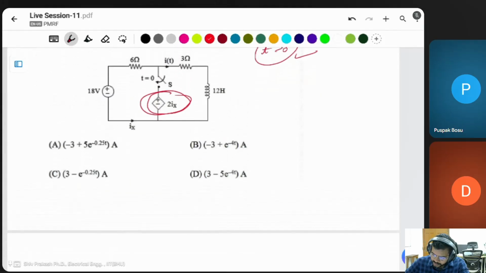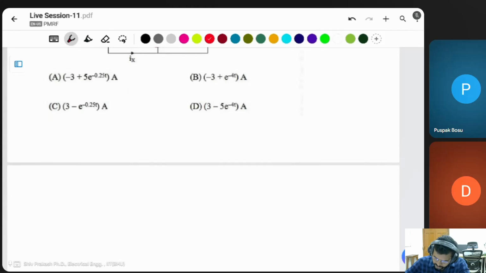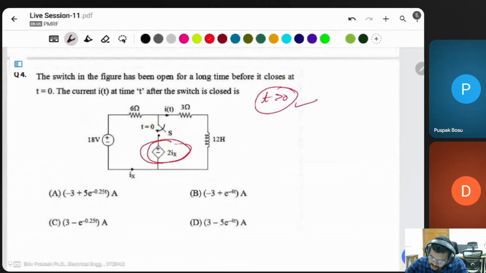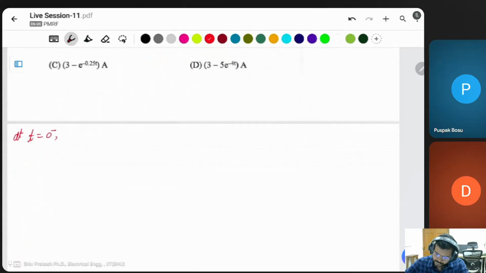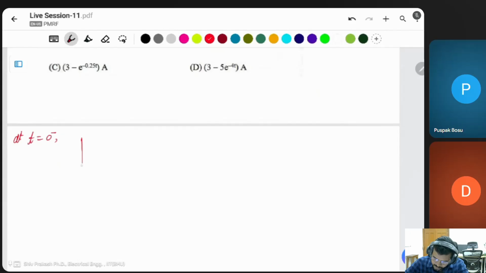Okay, let's go for solving this question. Suppose the circuit at t equal to 0 minus. This circuit is not closed, even this is an open circuit. Only this circuit is there. There is a voltage source of 18 volt. Then a 6 ohm resistor is there, and a 3 ohm resistor.